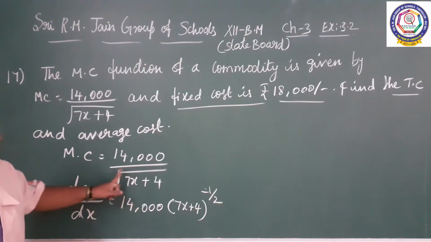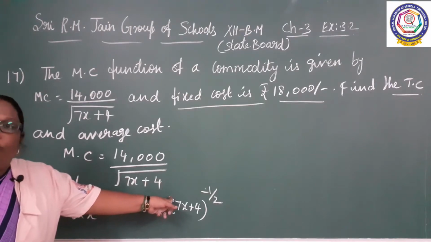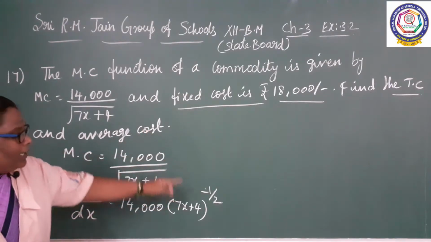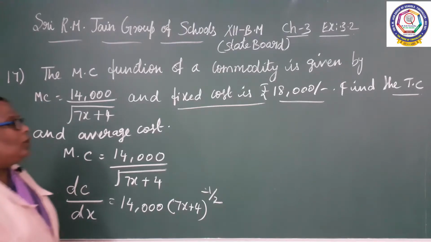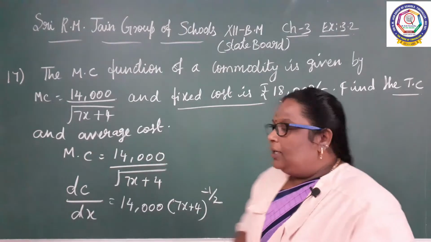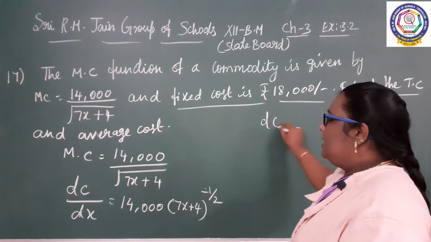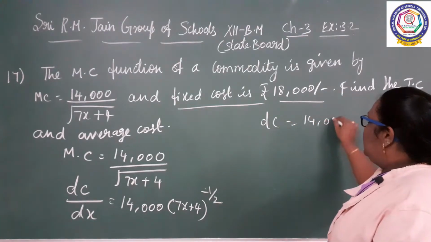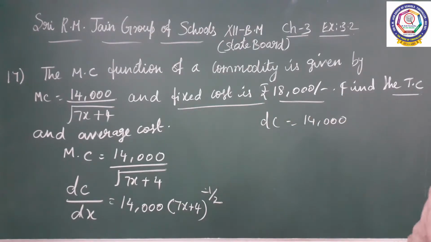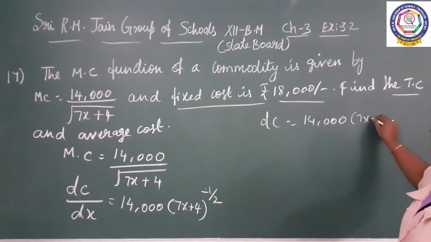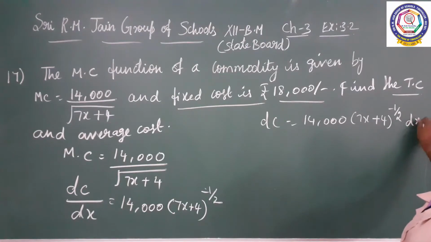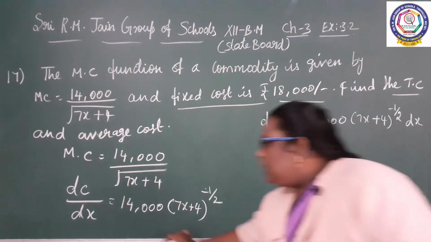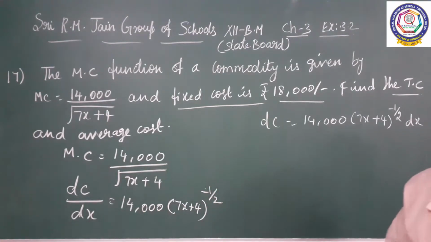The square root means bring it to the numerator as (7x plus 4) whole power minus 1 by 2. So, variable separable: dc equal to 14,000 into (7x plus 4) whole power minus 1 by 2 into dx. You bring dx to the numerator.